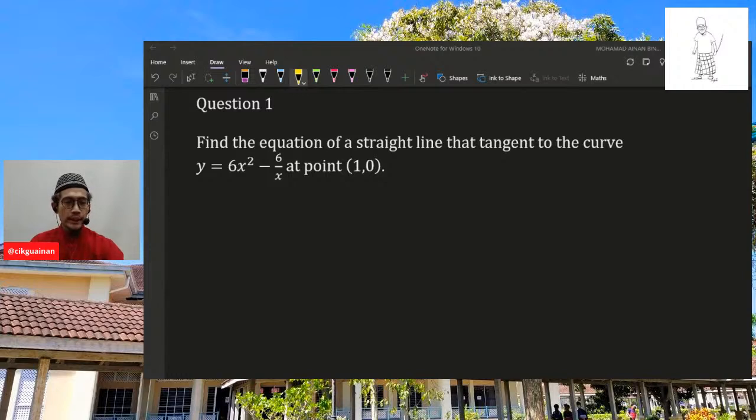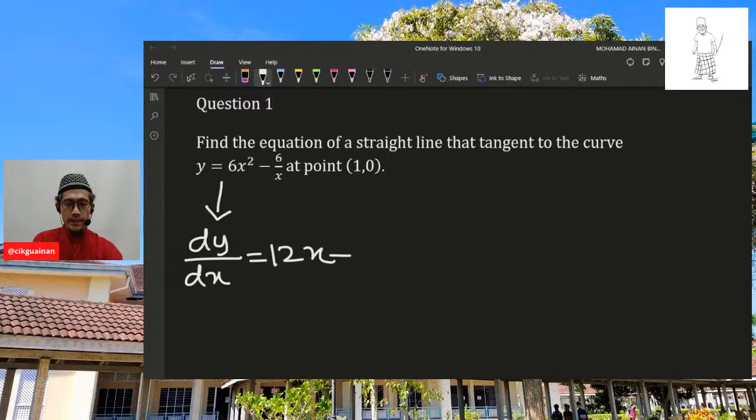First things first, we have to differentiate this curve. So we get dy/dx equals 12x minus... this one we are going to change into y equals 6x squared minus 6x to the power of minus 1, which is easier for us to differentiate.